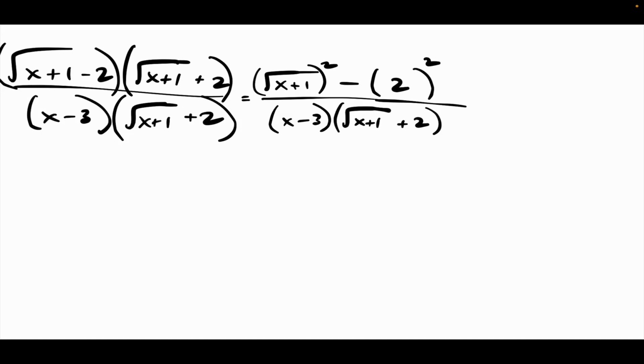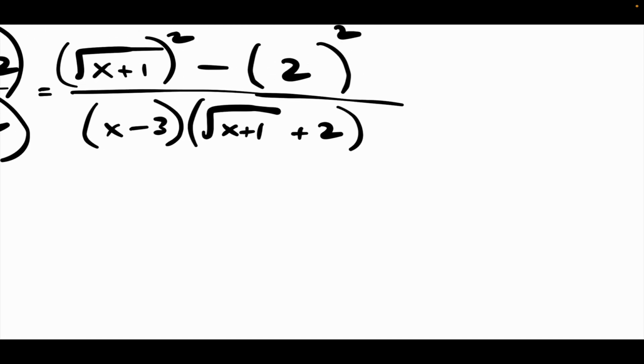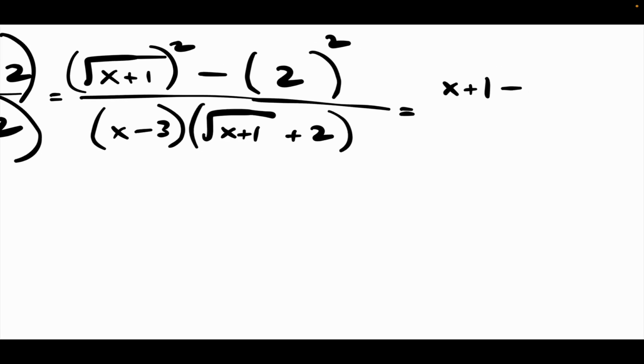You just get rid of what was there. So the square root of x plus 1 squared is just x plus 1. Minus 2 squared, 4. The bottom, like I said, leave the way it is for right now.